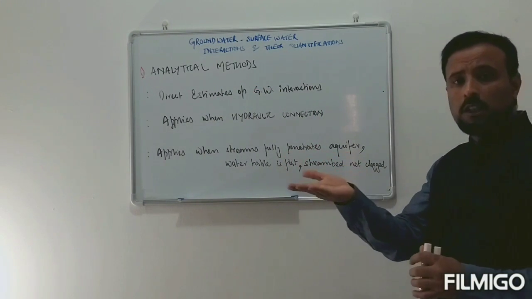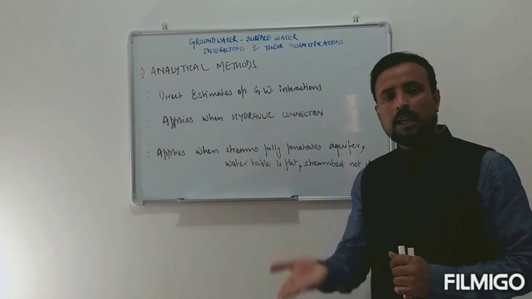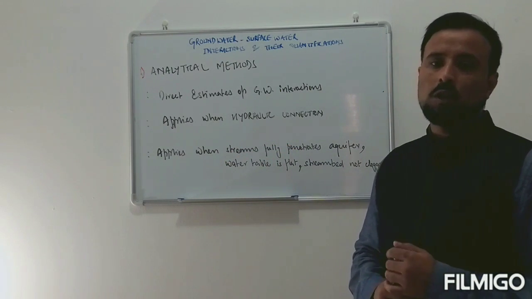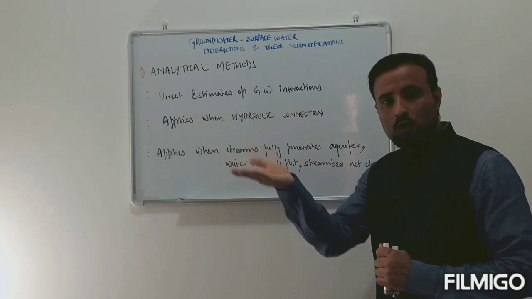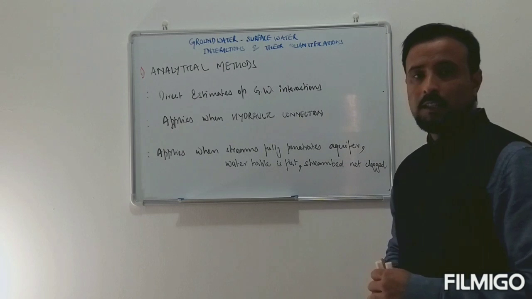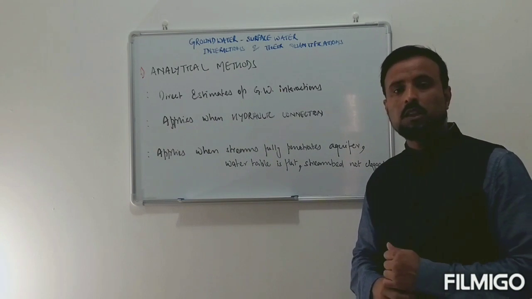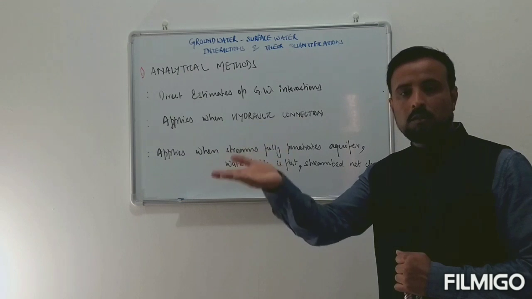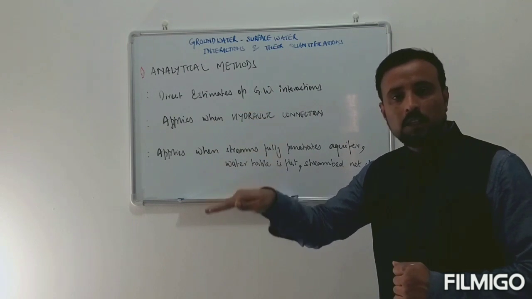So like the first approach which I discussed, the analytical approach, it tells there is a relationship between the stream bed and the groundwater aquifers, right? If the stream bed is in close contact with the aquifer, then you can easily tell the relationship between groundwater abstraction, the pumping from the groundwater, and the stream getting low.